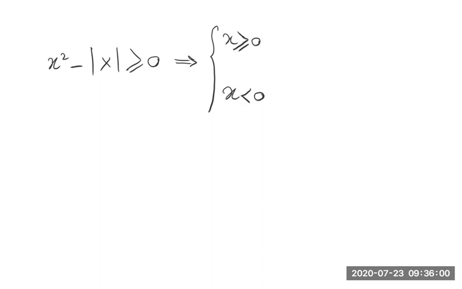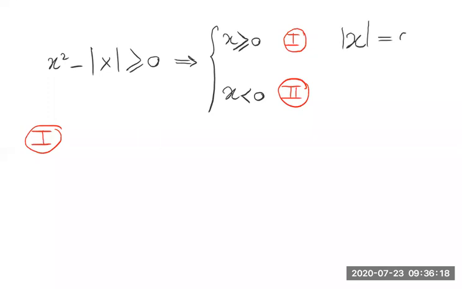So case number 1, where x is positive or 0. Case number 2, where x is negative. Why am I doing that? Because then we know what is absolute value of x. If x is greater or equal than 0, absolute value of x is equal to x. If x is negative, absolute value of x is minus x.